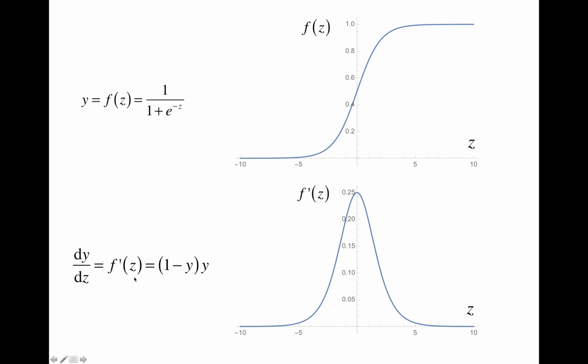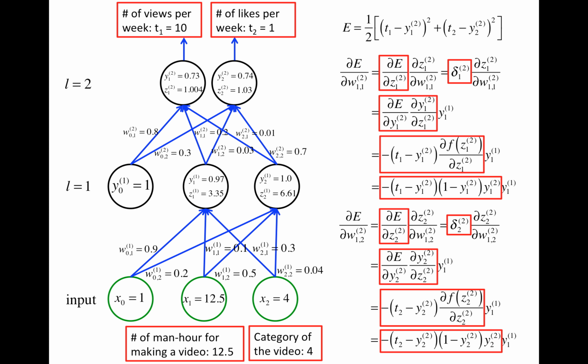The derivative of the sigmoid function equals (1 - y) times y. So don't forget about this relation. We're going to use it in our following derivations. That's for sigmoid: the derivative equals 1 minus the output, multiplied by the output. Don't forget about that.